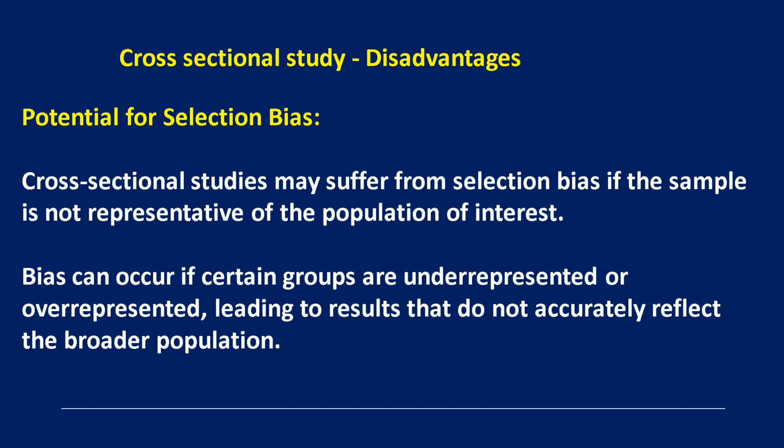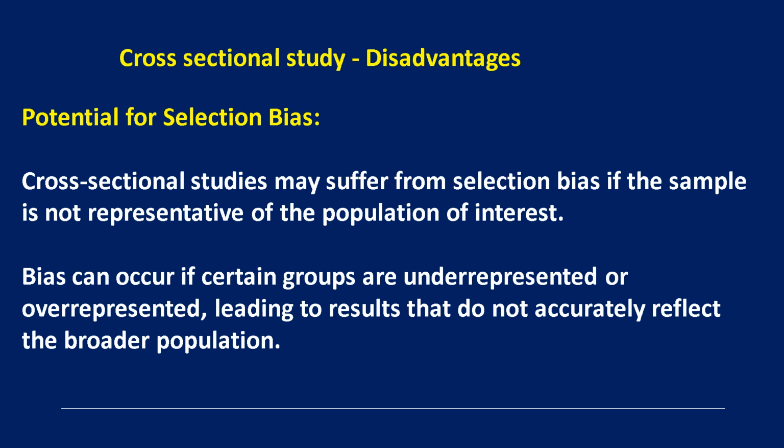Another disadvantage of a cross-sectional study is that there is a potential for selection bias. Cross-sectional studies may suffer from selection bias if the sample is not representative of the population of interest. Bias can occur if certain groups are underrepresented or overrepresented.